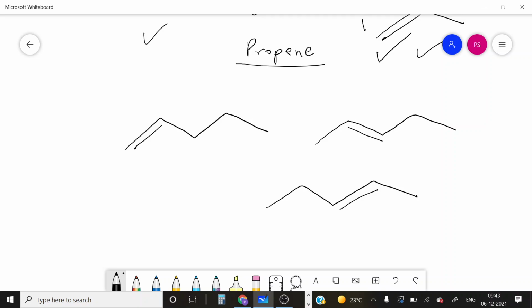Now look at these three structures. All these are pentene isomers. Isomers having same chemical formula or same molecular formula but different structures. Or in case of stereoisomers, they have different orientation of groups or atoms.